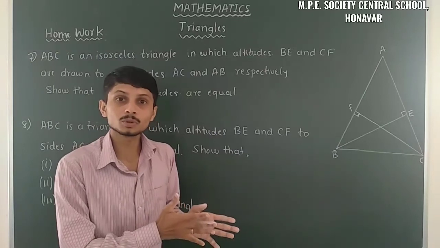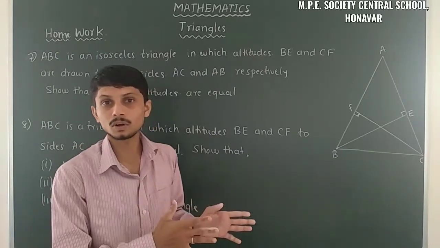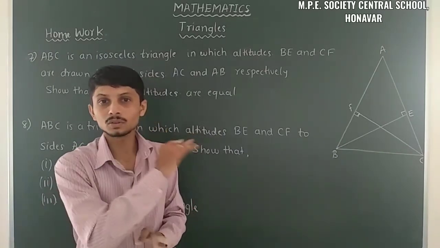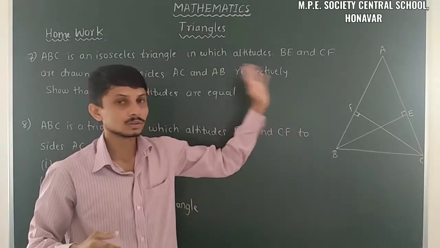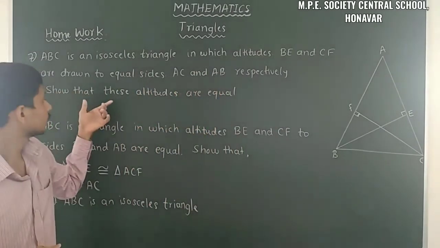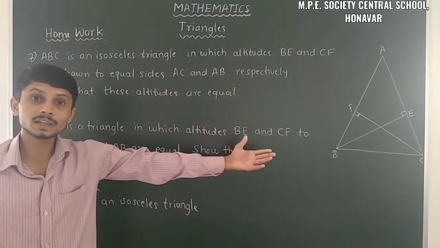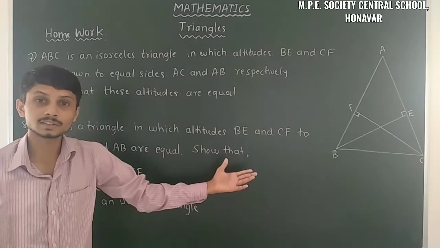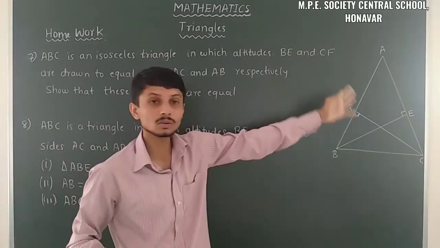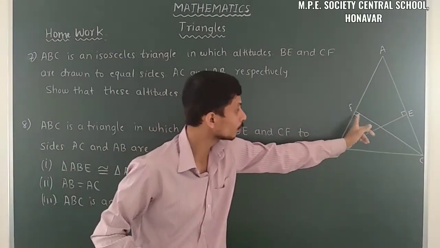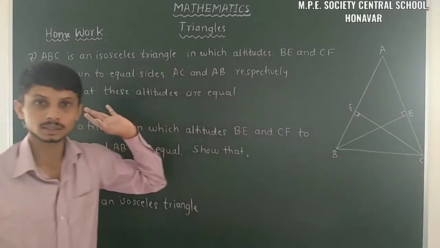From those, you can apply the SAS congruence or ASA congruence, so you can prove it. Here it is given that it is an isosceles triangle, which means AB is equal to AC. But we have to prove these two altitudes are equal.